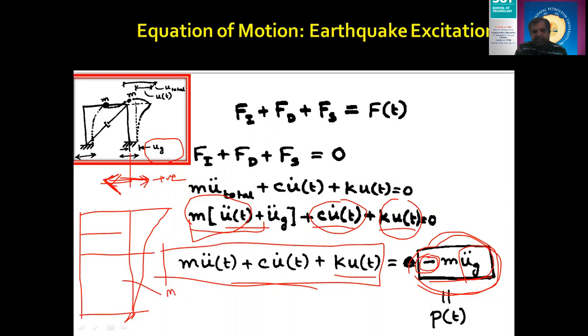So the corresponding displacement will be much higher, because it depends upon the ground acceleration. As the number of floors and the height increase, the displacement increases, and you can calculate that from this.